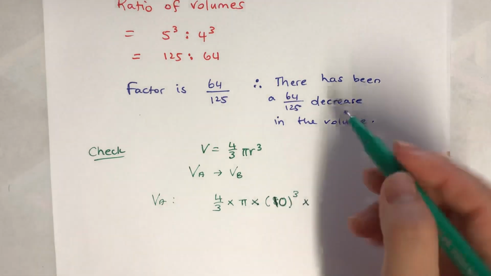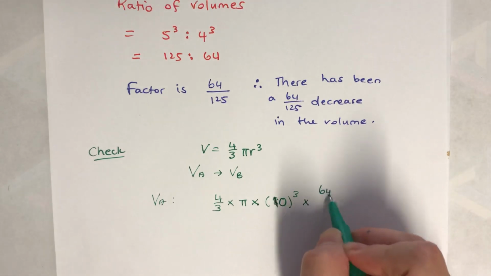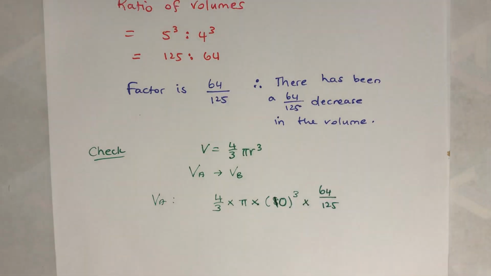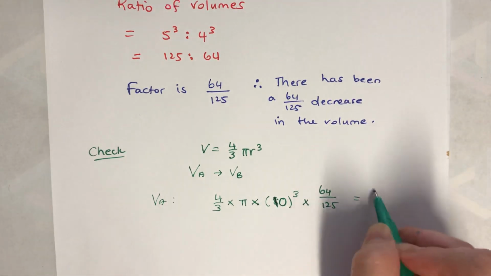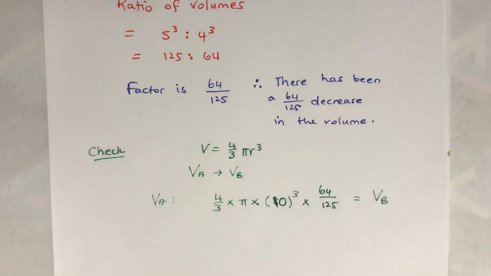Then times this factor, 64 over 125, should equal volume B, because by multiplying by 64 over 125 the sphere reduced to a radius of 8.